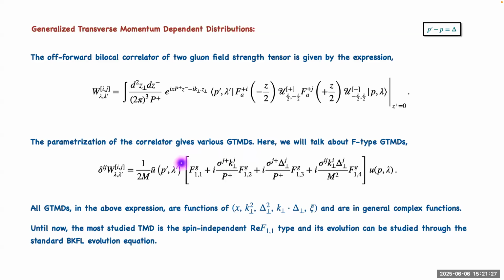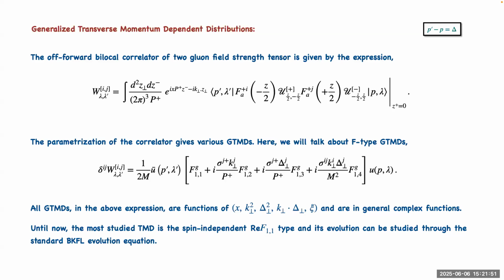Among these four GTMDs, F11 and F14 were well studied, well documented. But F12 and F13 were always neglected, expecting that they would just die out at small x. But I'm going to show that they do not die out and actually survive at small x.